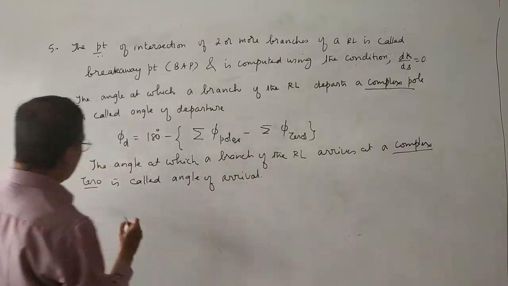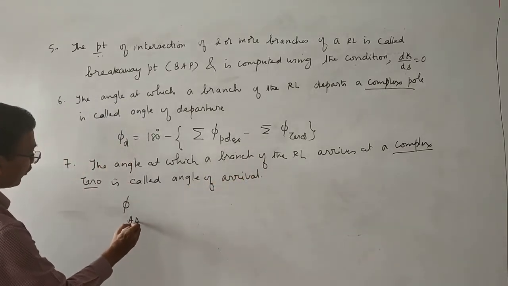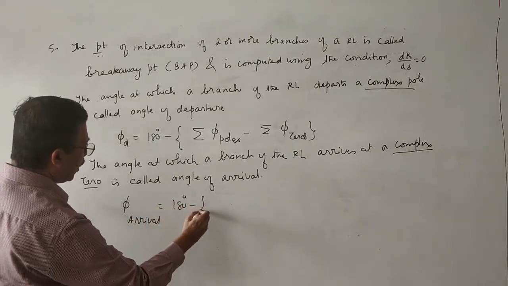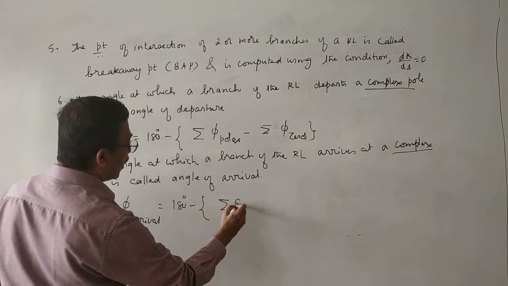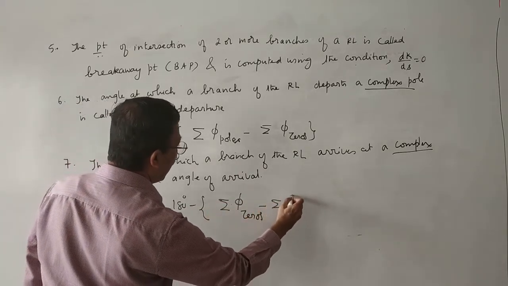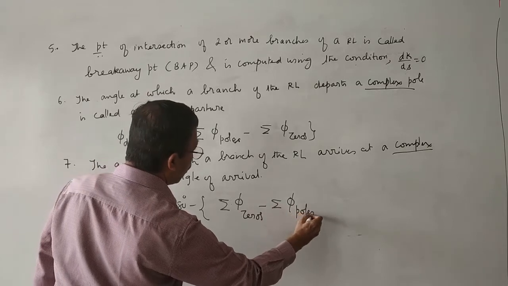Angle of arrival is computed using this expression: angle of arrival is equal to 180 degrees minus sigma angle made by zeros minus sigma angle made by poles.